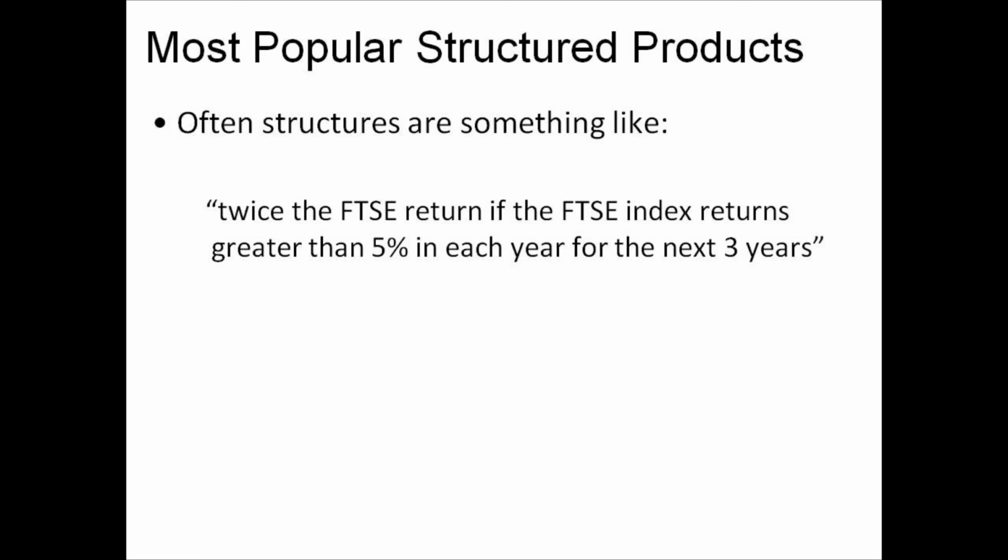Often the structures will have payoffs like twice the return of the FTSE if the FTSE index returns greater than 5% in each year for the next 3 years, and then that'll be capped at a maximum possible return of, say, 12%. The reason that there are so many conditions in there is that that's going to make the options cheaper. If it was just a call option tacked onto a bond, that would be expensive, and it would be difficult to fit that in with the amount of money that you might have to spend on interest.